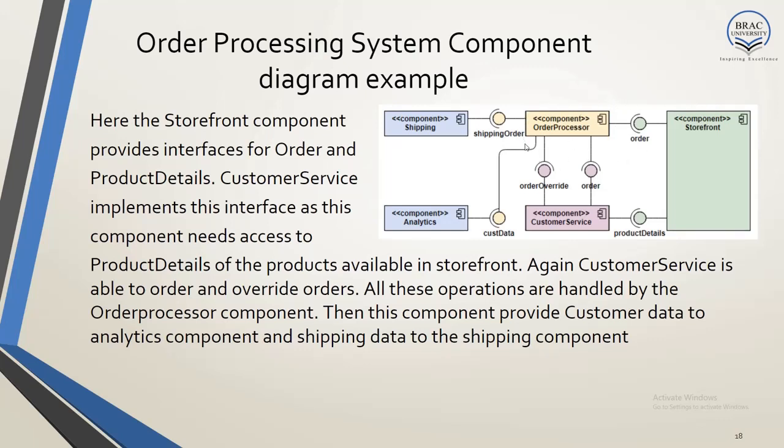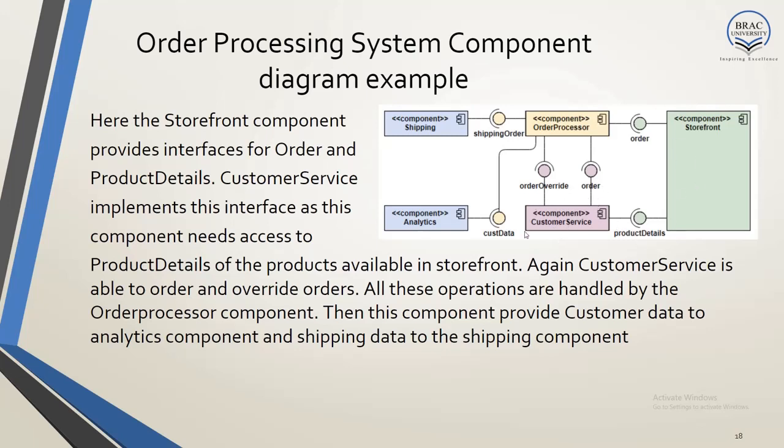It requires all the order related interfaces that the system provides, so there are two types of interfaces that this component requires: the order interface and the order override interface. Those interfaces are provided by the customer service and the storefront component.